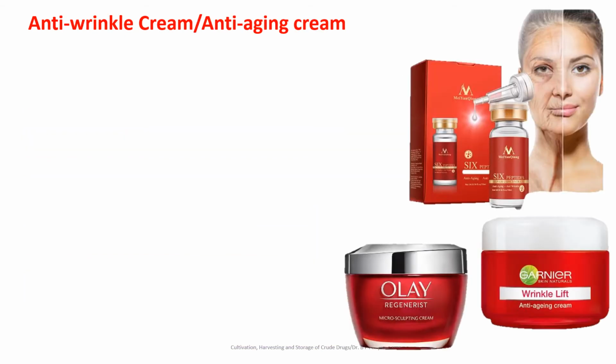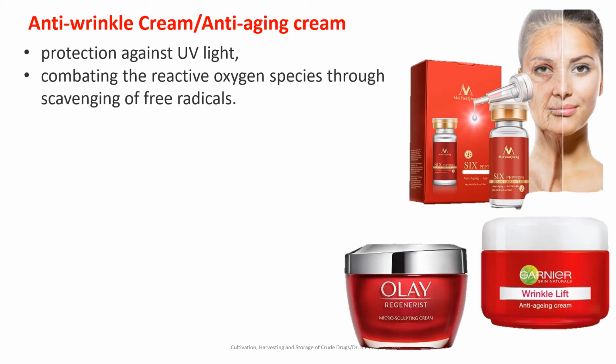Another formulation in creams is anti-wrinkle cream, also known very popularly as anti-aging cream. These are the agents that protect the skin from the harmful effects of UV radiations like UVB radiations. These UVB radiations generate reactive oxygen species which damage the collagen and elastin proteins present beneath the skin.